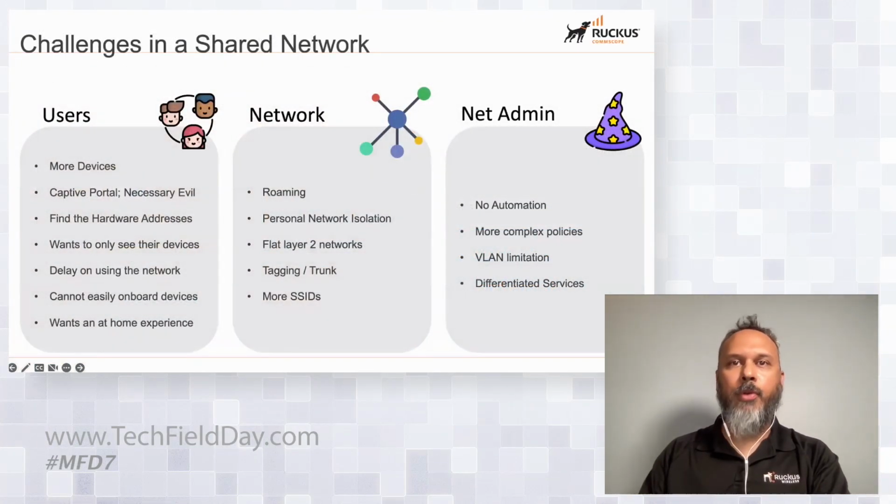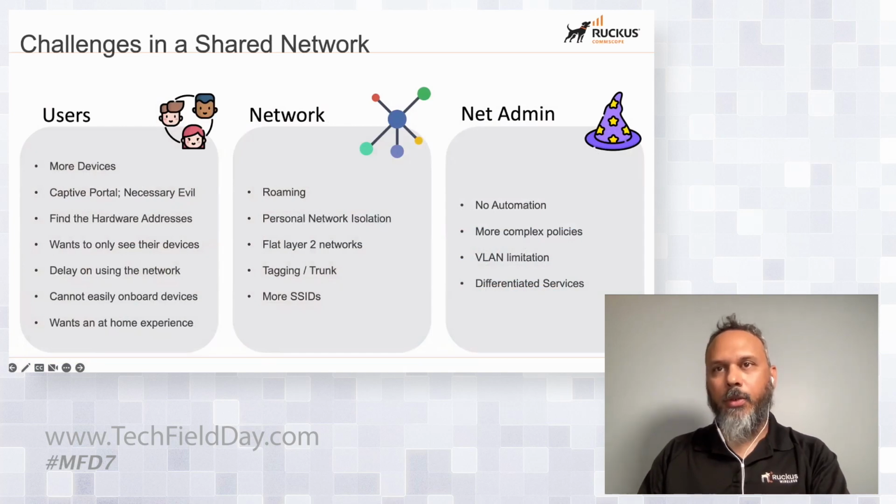Now, I've broken down the pain points of large shared networks into three categories: the end users, the network, and the network administrator, who we'll call the network wizard. And if we look at the challenges for those end users, as we just discussed, they've got more devices. That onboarding experience is very painful.